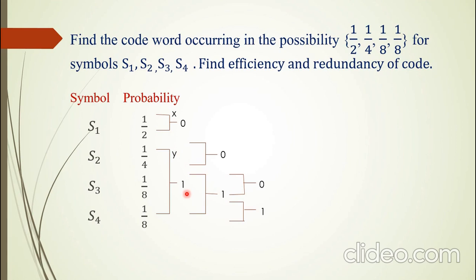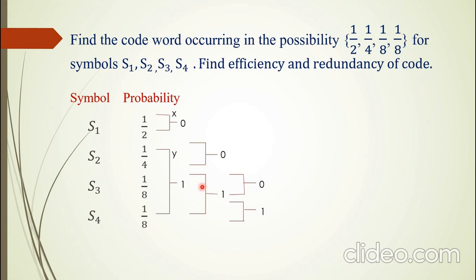Then these 3 symbols are again divided into 2 subsets. 1 by 4, the symbol S2, is one subset, and 1 by 8 and 1 by 8, which are S3 and S4, are another subset.